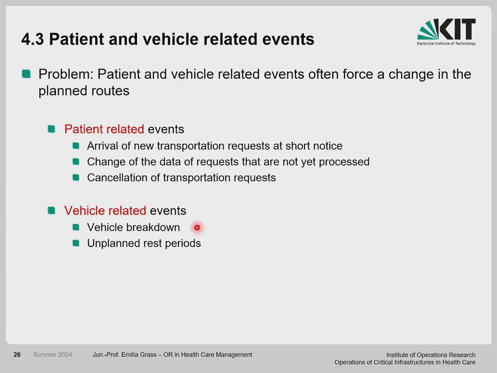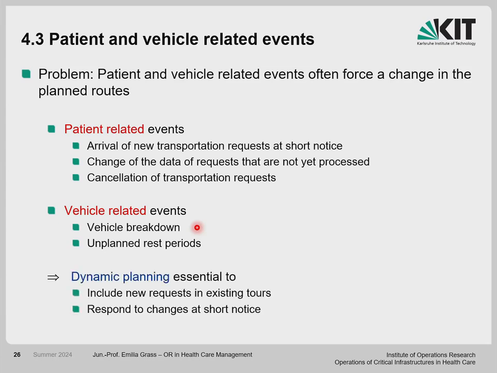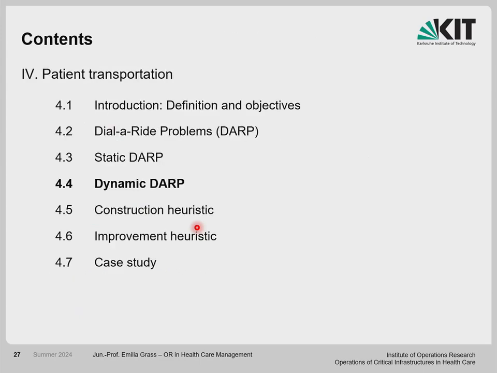Okay, so this is what could be a problem, and therefore we need some kind of dynamic planning to include new requests in existing tours. We have a plan, but it could happen that we have to change it instantly to take care of an emergency and respond to changes at short notice. This is why we need a dynamic version of the problem.